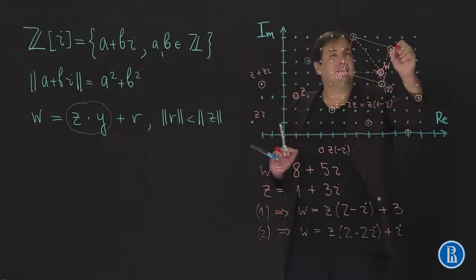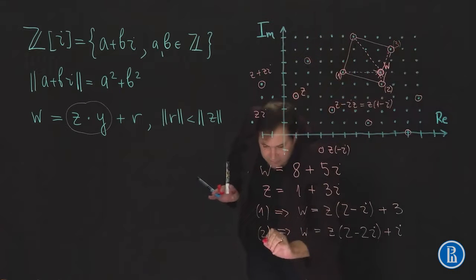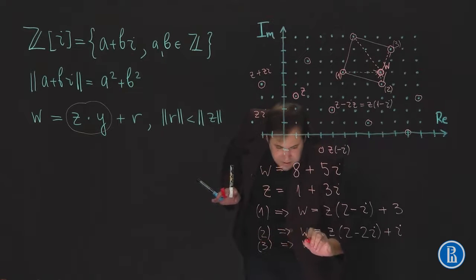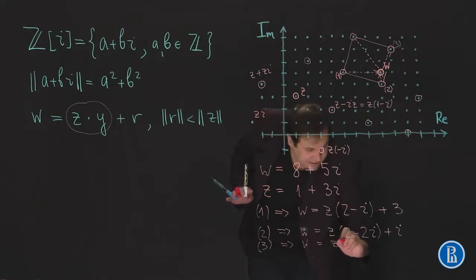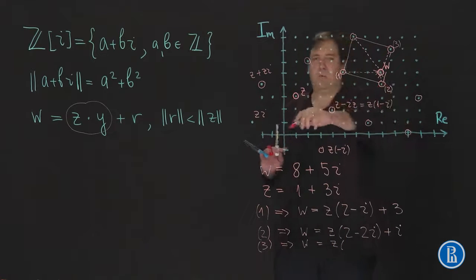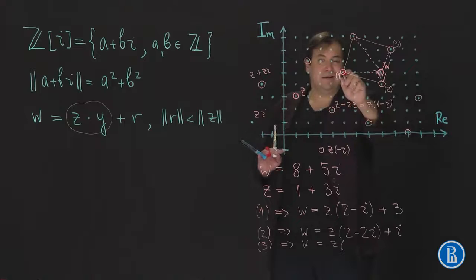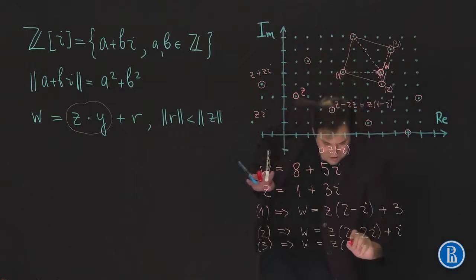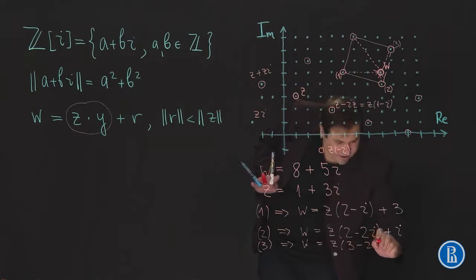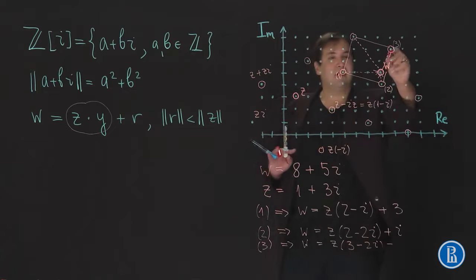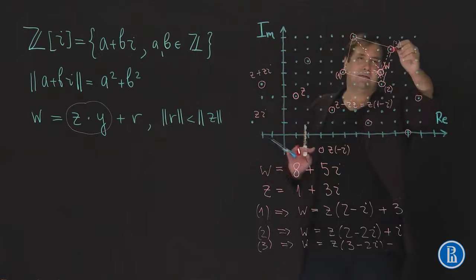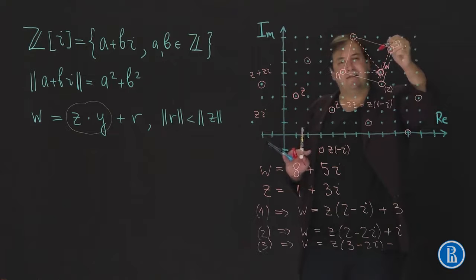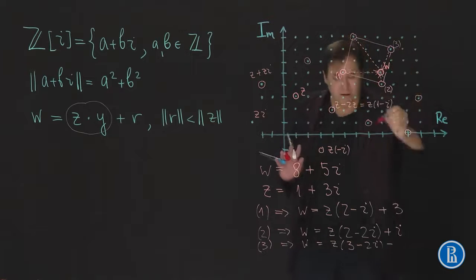And we have a third case, where w is equal to z multiplied by 3 minus 2i, and the remainder here is minus 1 minus 2i, because we need to go left and we need to go down.